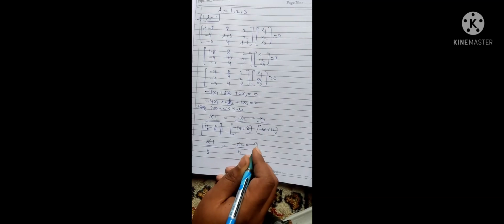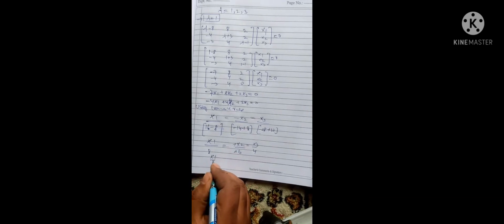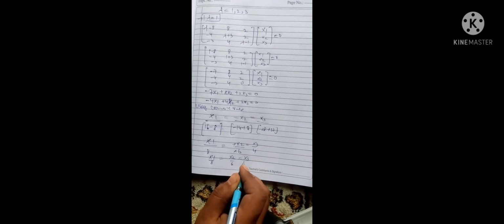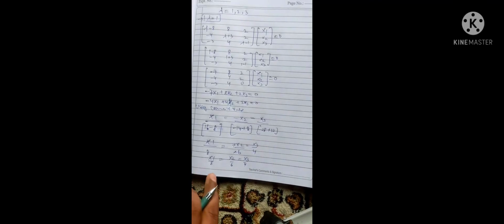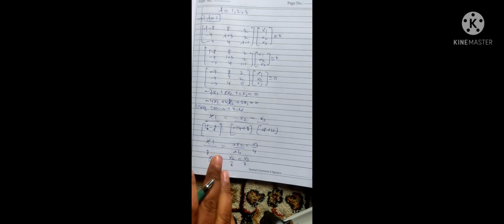Now x1 upon 16 minus 8, which is 8, minus x2 upon minus 14 plus 8, that is minus 6, is equal to x3 upon minus 28 minus 32, that is minus 60. Okay, so the minus goes, x1 upon 8 is equal to x2 upon 6 is equal to x3 upon 4. So the elements in the denominator, that is of x1, x2 and x3, give our eigenvector.